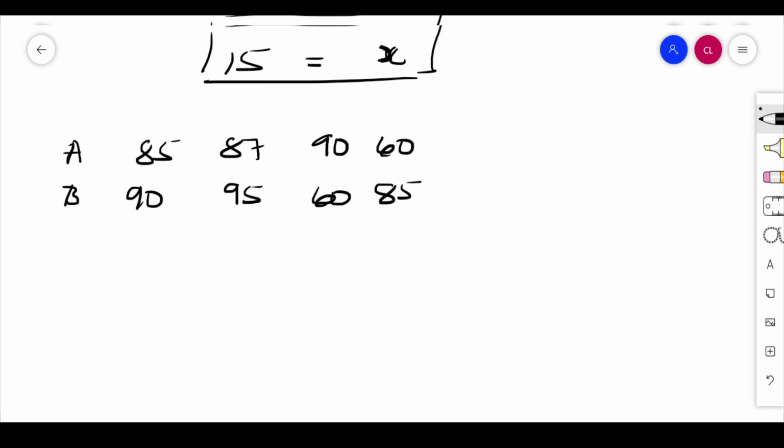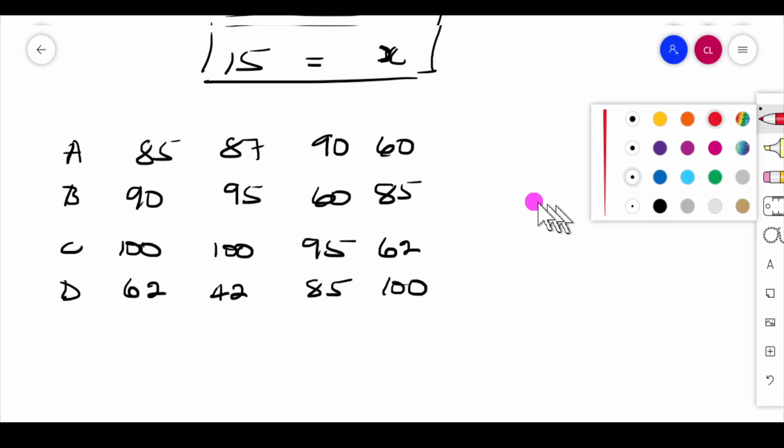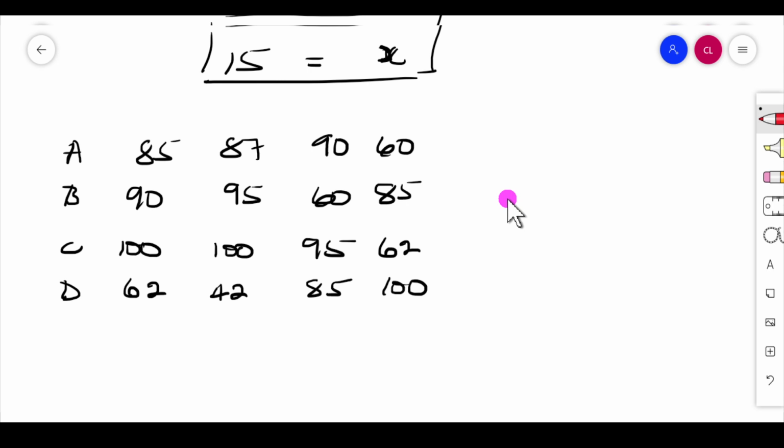For C, 100, 100, 95, 62. And for D, it would have been 62, 42, 85, and 100.